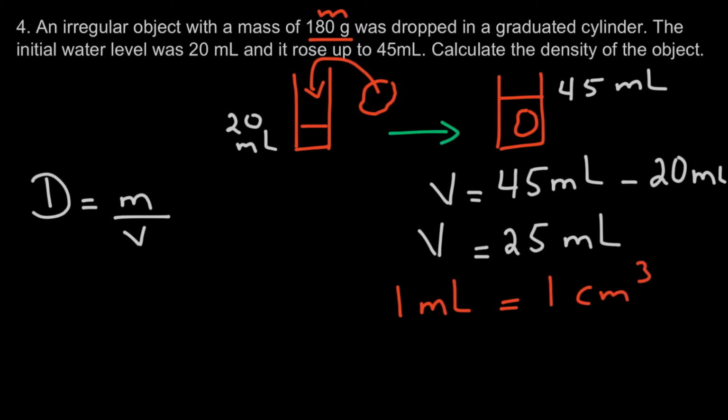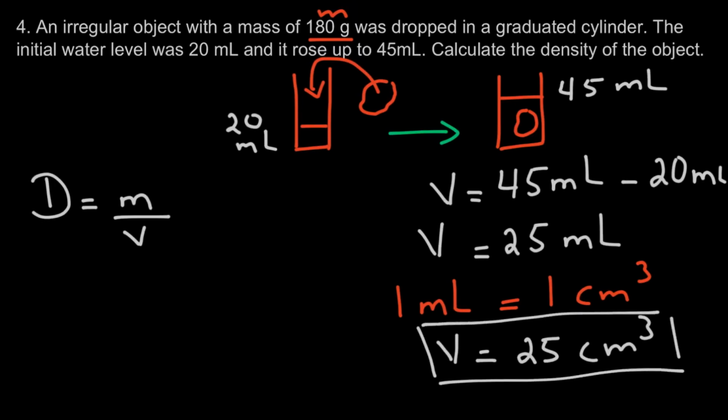We use milliliters if we're measuring liquids, and we use centimeters cubed if we're measuring the volume of a solid object. So in that case, the volume will be 25 centimeters cubed.